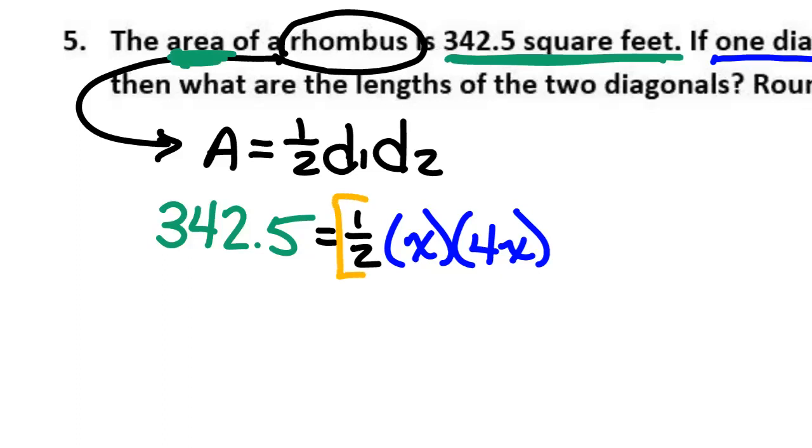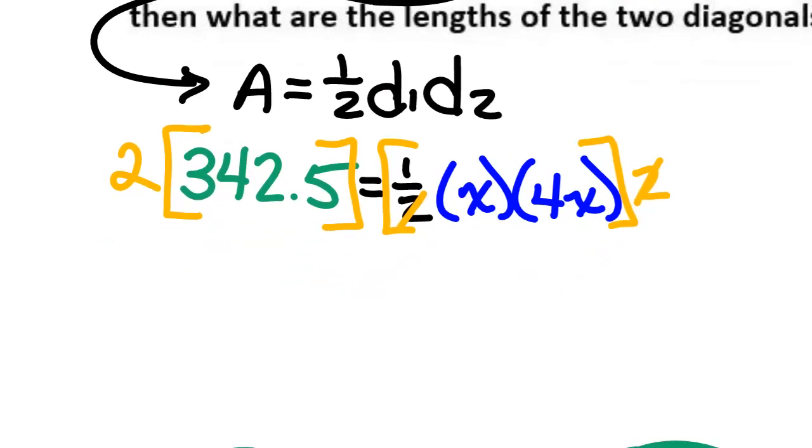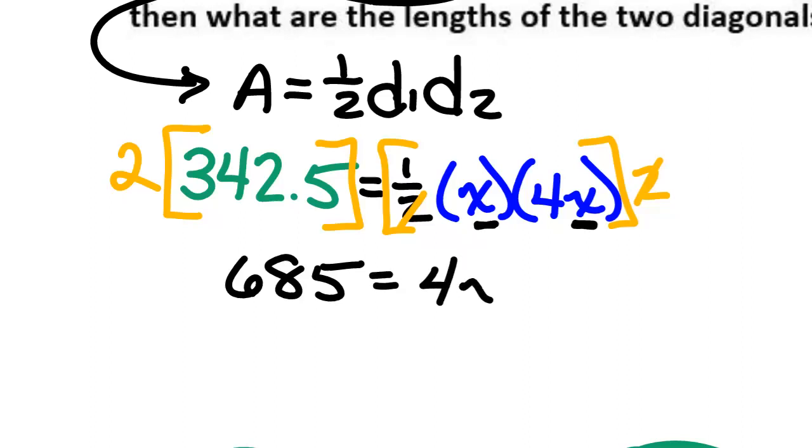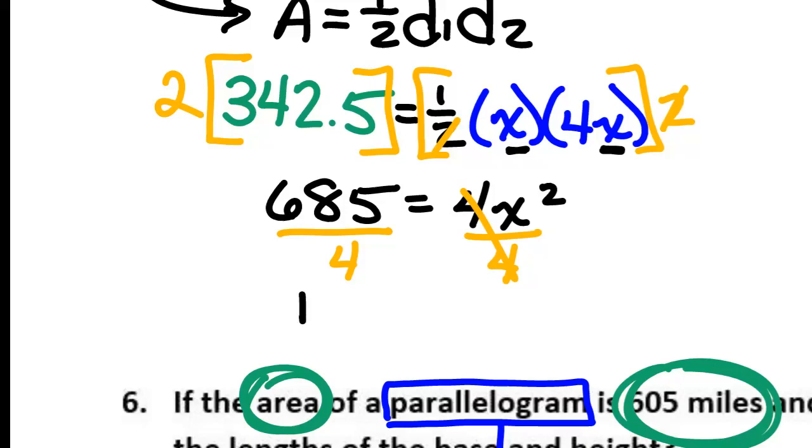So I would have x times 4x next to that 1/2. We're going to get rid of that fraction of 1/2 by multiplying both sides by 2. 342.5 times 2 gives me 685. Is equal to x times x gives me x squared, so this would be 4x squared. We divide both sides by 4. 685 divided by 4 is 171.25.